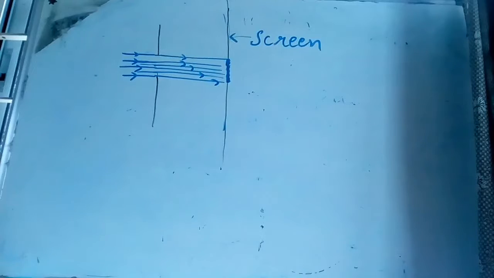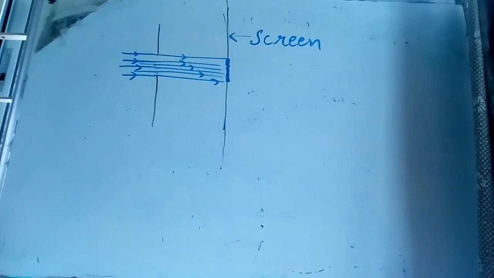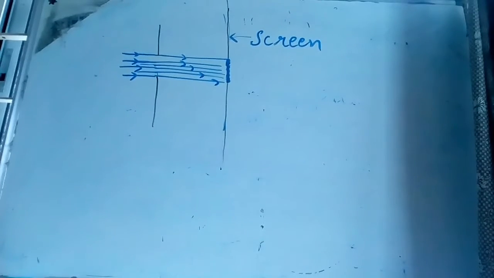That rectilinear propagation of light happens when the slit is very large. So this is what happens, and on the screen, only over a small length can the bright light be seen.